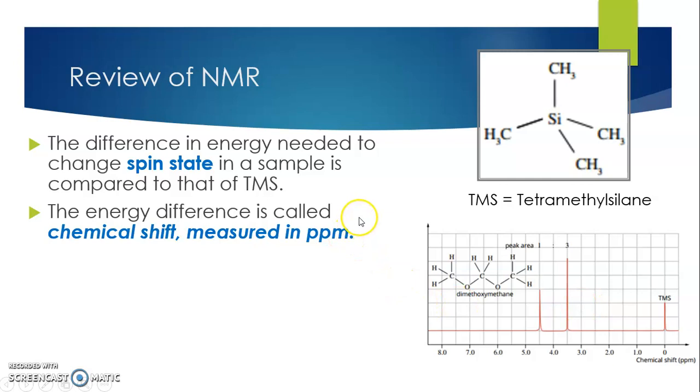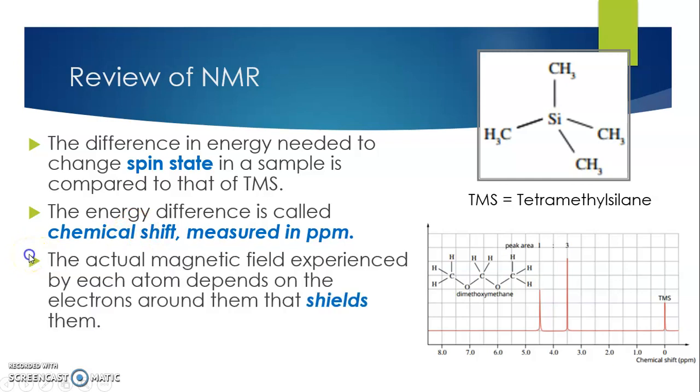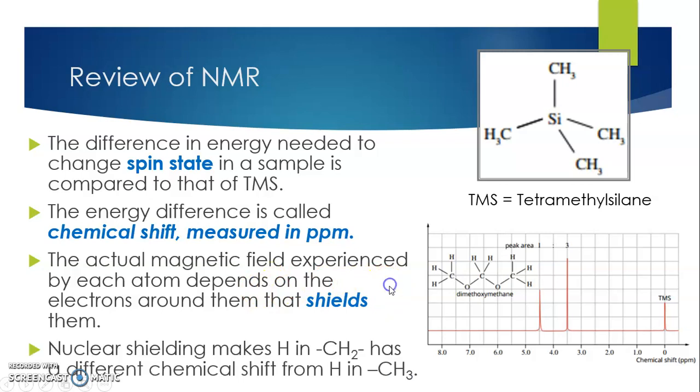So why do different nuclei require different amounts of energy to change their spin state? That is because the actual magnetic field experienced by each atom depends on the electrons on the neighboring atoms that will have a shielding effect on the nucleus in question.